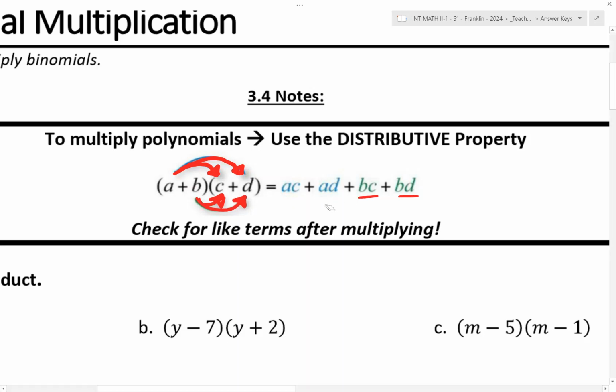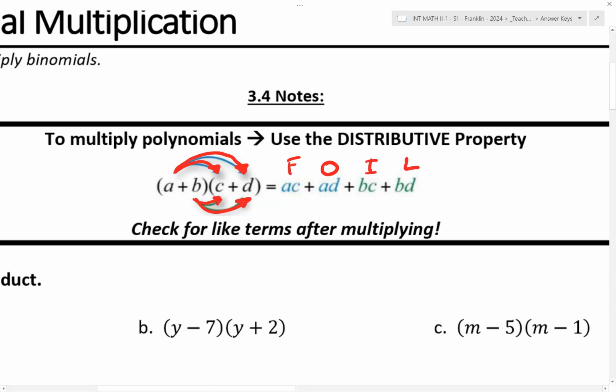Now this is often called the FOIL method, which I usually don't focus too much on. But the way it works is the first term is F because you use the first term in each binomial. The second one is O for outer, where you use the outer 2 terms, and then I for inner, the 2 inner terms, and then L for the last 2 terms.